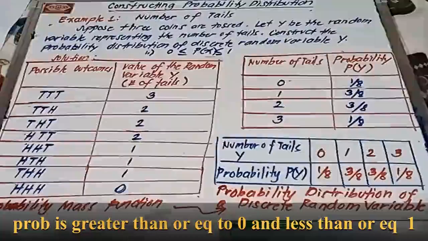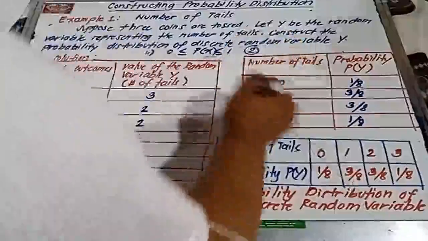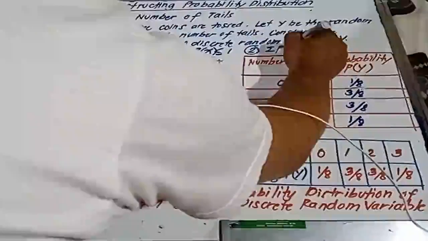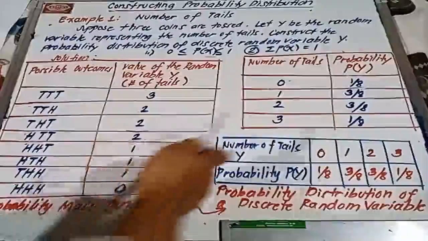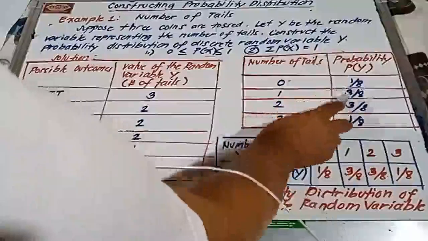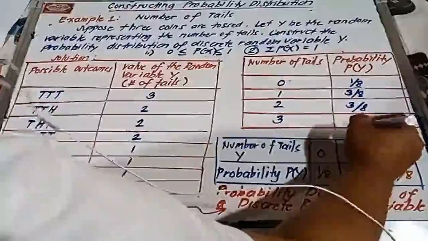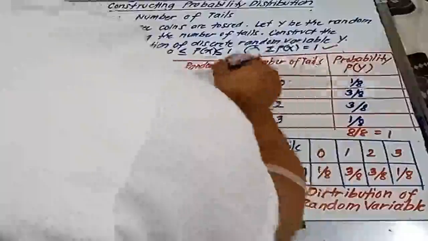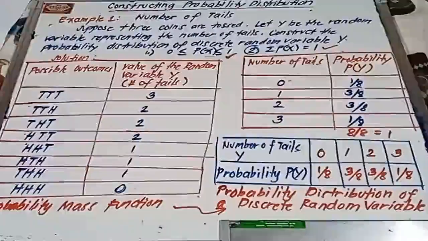Okay? And also, do sa second property ng ating probability distribution, dapat ang sum nito 1. Sum of the probability of x should equal to 1. Tingnan natin, sum natin. 1 plus 3 plus 3 plus 1 is 8. So, 8/8 is equal to 1. So, tama yung ating dalawang properties of probability distribution of a discrete random variable.